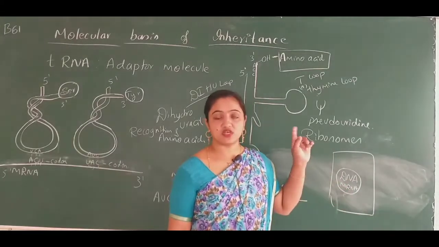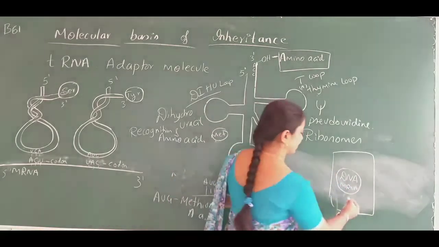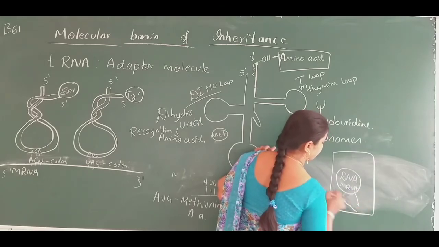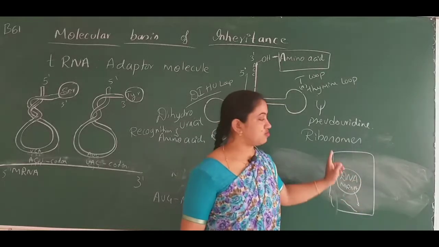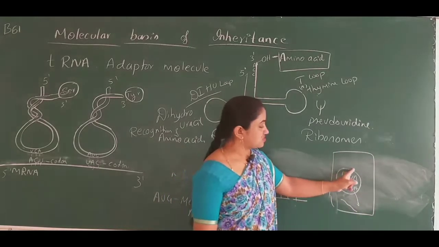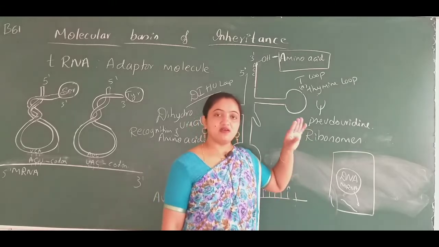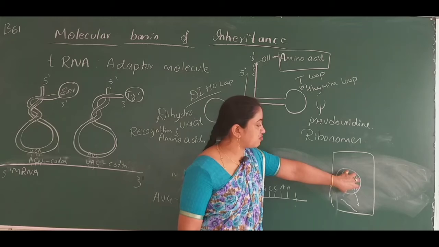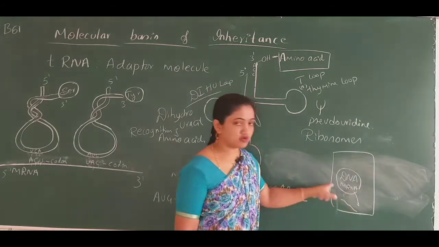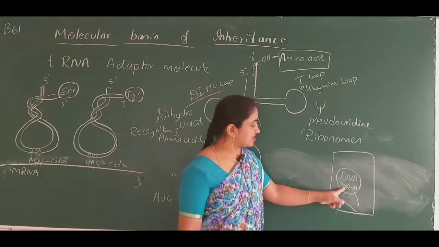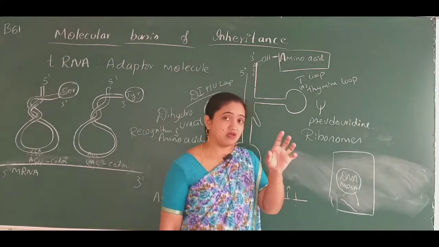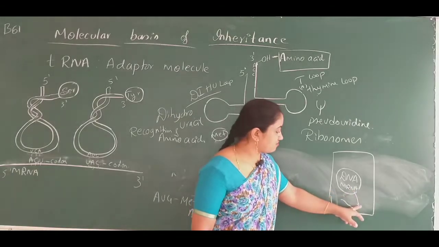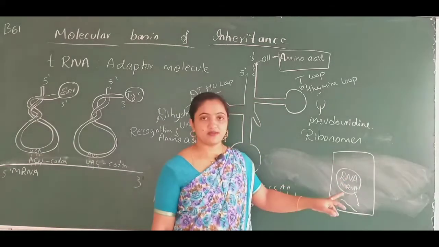After the process of splicing the RNA, it will come out from the nucleus. Don't write this diagram. Just understand where the processes are going on. The transcription process is taking place in the nucleus, correct? After the transcription process, after the splicing and all, the mRNA is coming out from the nucleus, correct?